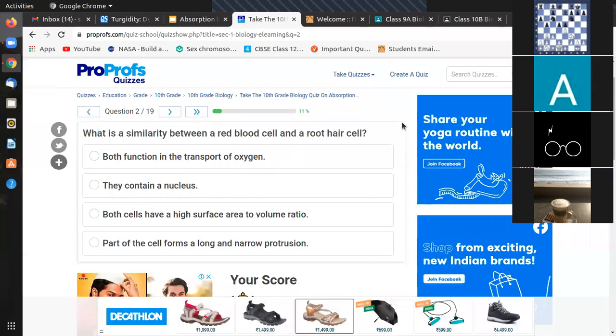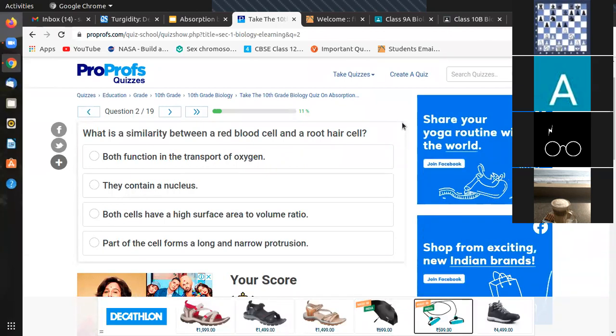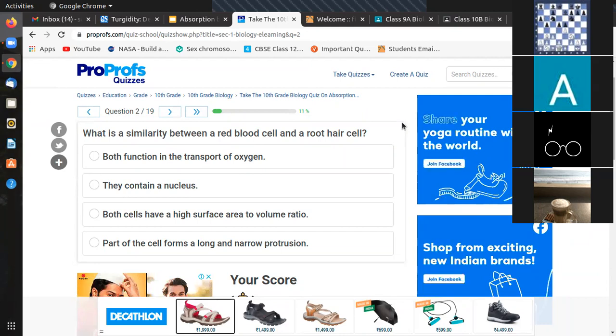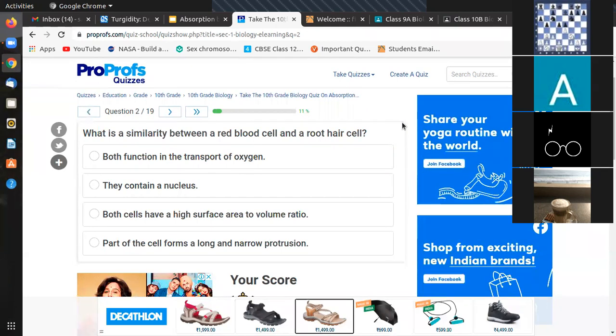What is a similarity between a red blood cell and a root hair cell? What do you think it is? Can I think for a few seconds and then tell you the answer?